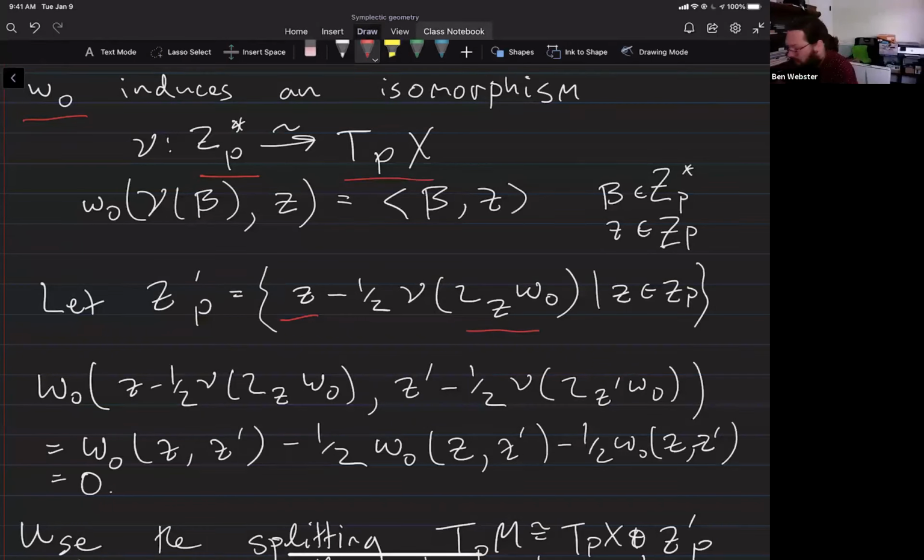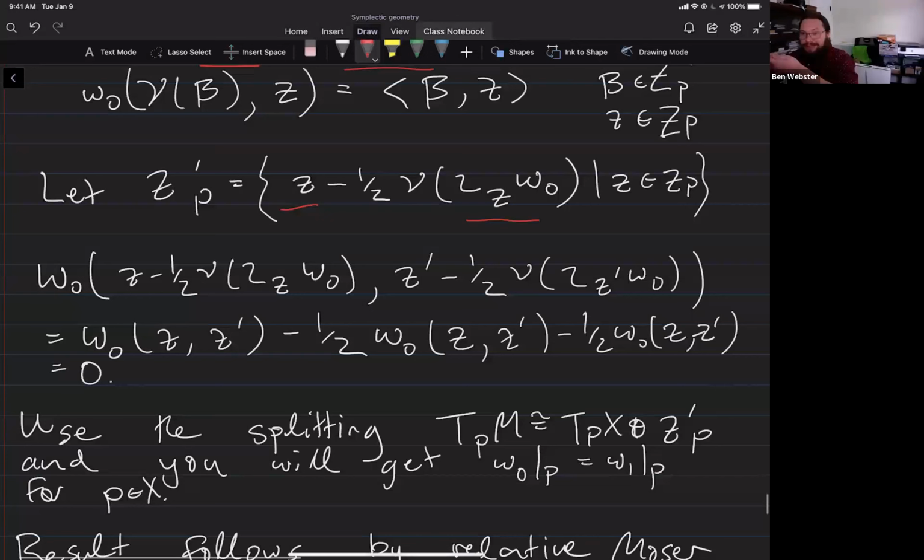So I think of this contraction as an element of the dual of Z. I feed it through this map to get an element of the tangent space to X, and I subtract half of that from z. And that half is because I'm going to pair two things.